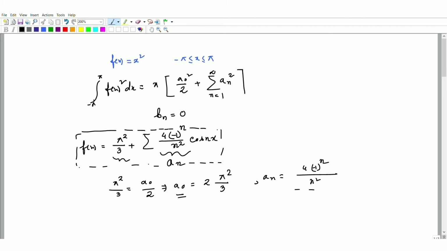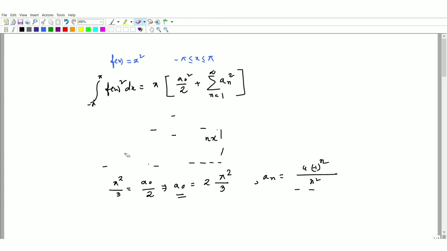After that we'll put in the value of this function. It will be 1 by pi integral from minus pi to pi of x square whole square dx, sorry, it will be x to the power 4 dx, because the function is x square.